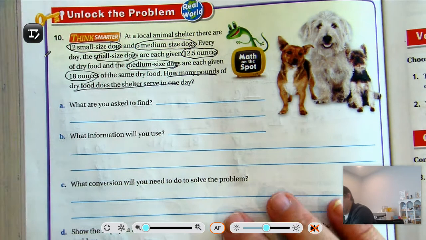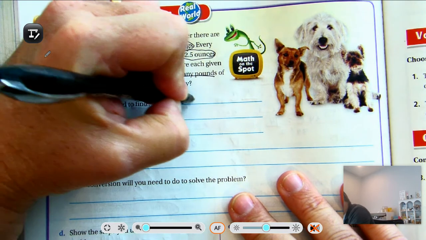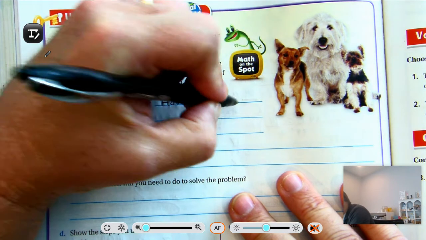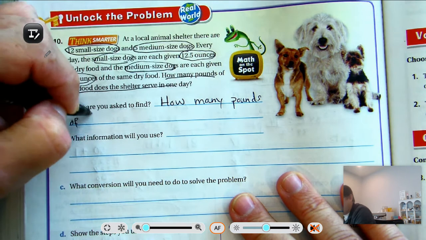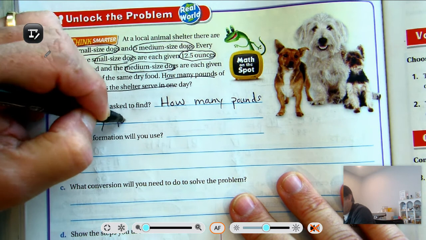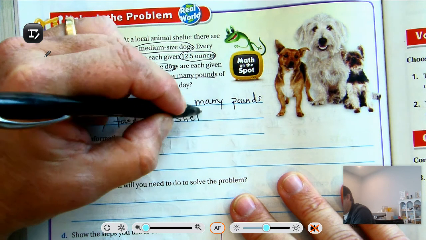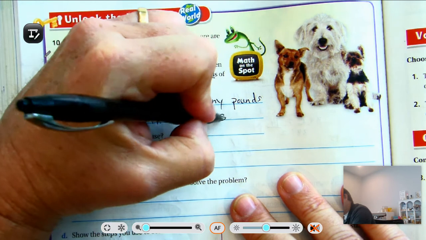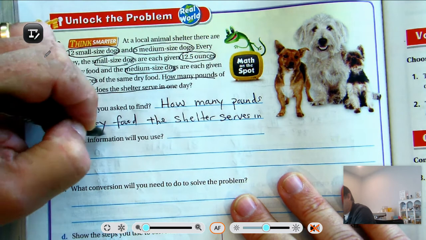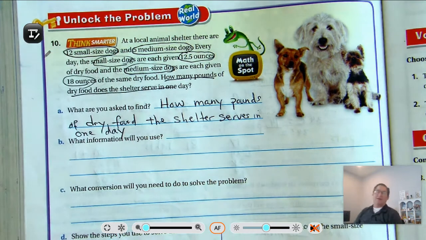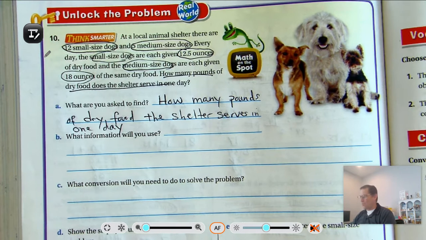All right. What are we asked to find? We're asked to find how many pounds of dry food the shelter serves in one day. What information do I need?